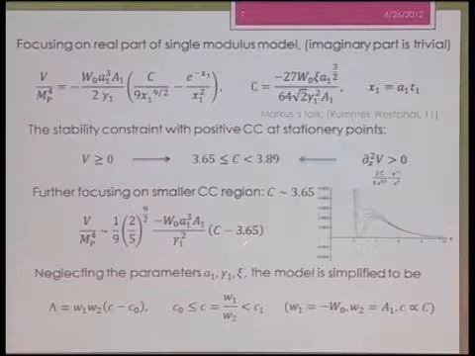So let me rewrite this potential to simplify it, redefining each coefficient, but I simply neglect these three coefficients right now. If we simplify this potential, we finally reach this simple form of the lambda. And then we further analyze how this behaves.